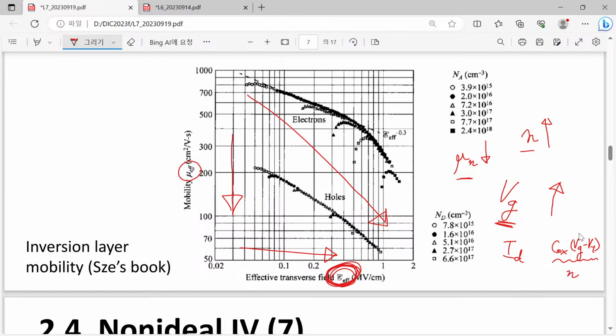When we have higher and higher gate bias, we have more and more electrons, but also we have mobility, which is another proportional component. So simply speaking, they are competing with each other.